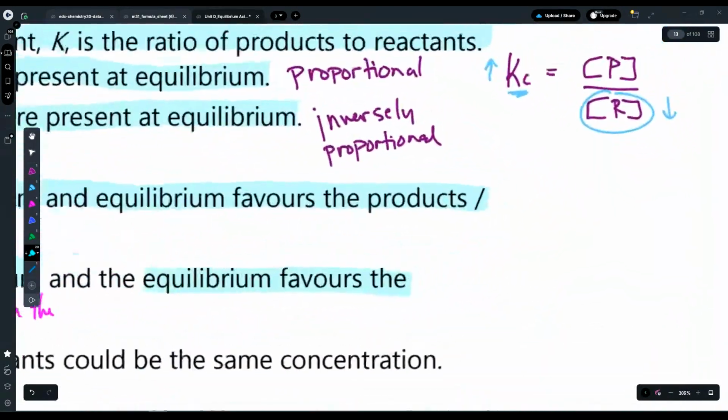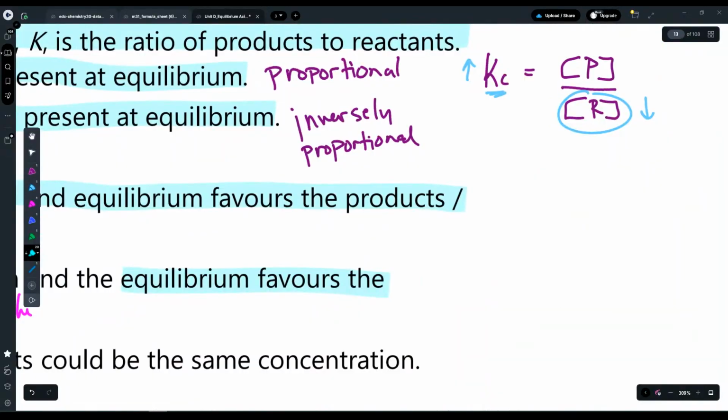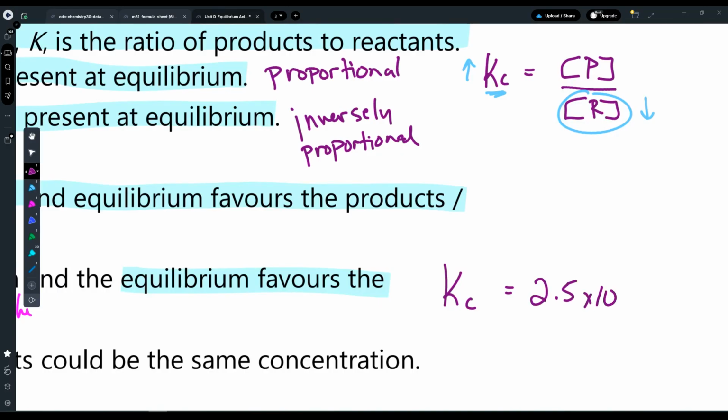For some examples, if you're trying to represent that your reactants are favored, what that might look like for an equilibrium constant is maybe the value is going to be, actually, let's go 2.5 times 10 to the negative 6.